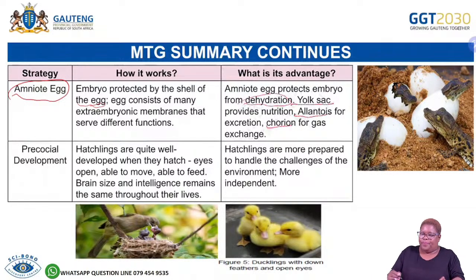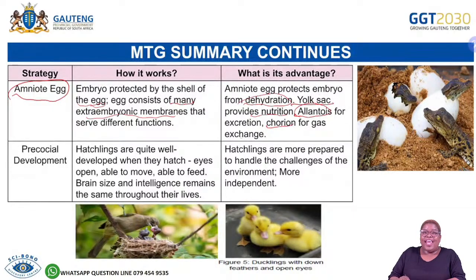You need to know their functions. Now, one of them, the yolk sac. Remember how it works? We're saying it consists of what? Many extra-embryonic membranes. So we'll be looking at membranes such as the yolk sac. What is the function of the yolk sac? It provides nutrition, right? And then we've got the allantois.